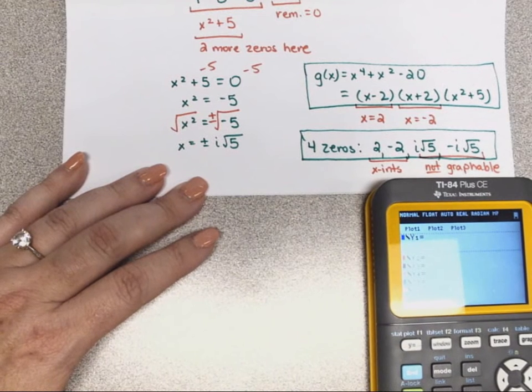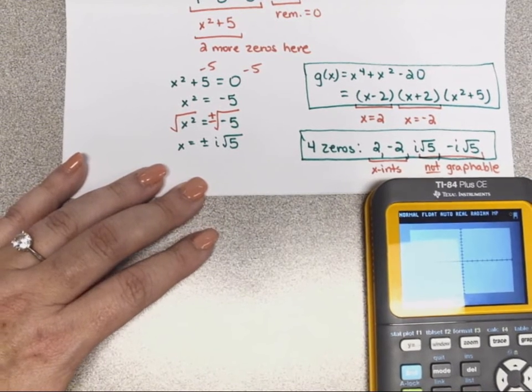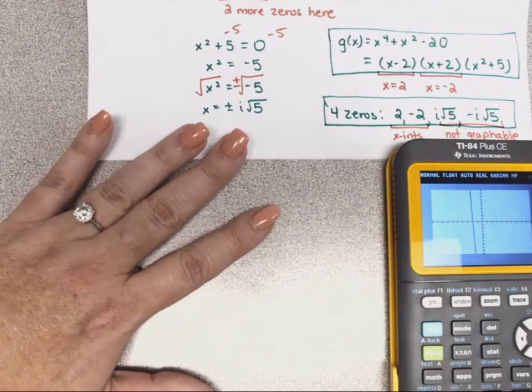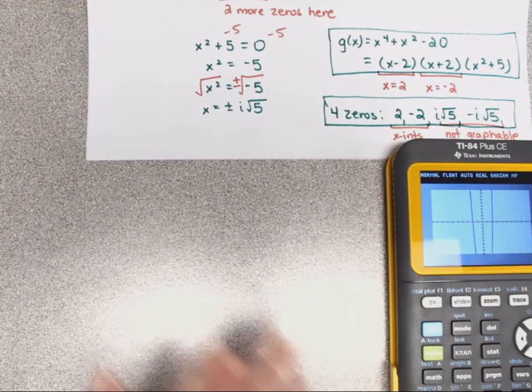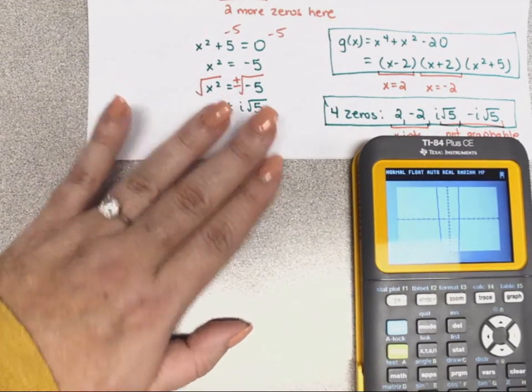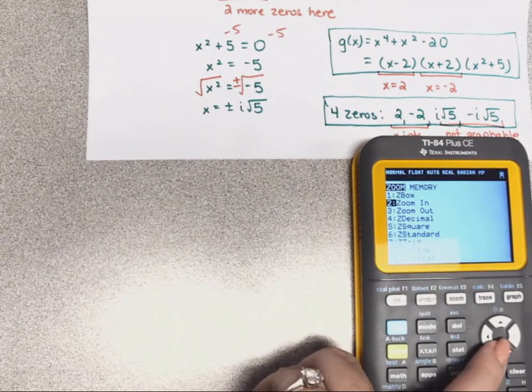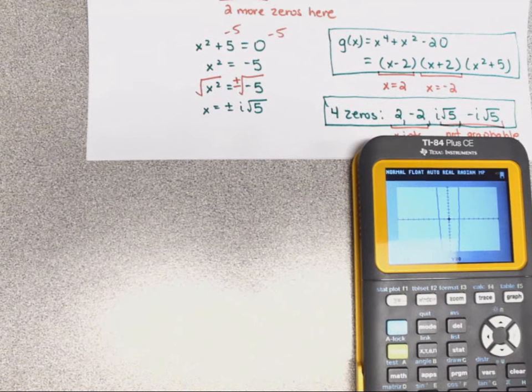So while you're finishing it up, you can just look up here at my calculator to save some time, but it was x to the 4th plus x squared minus 20. So notice this funky graph crosses at what two spots? -2 and 2, and even if you zoom out, it never ever crosses again.